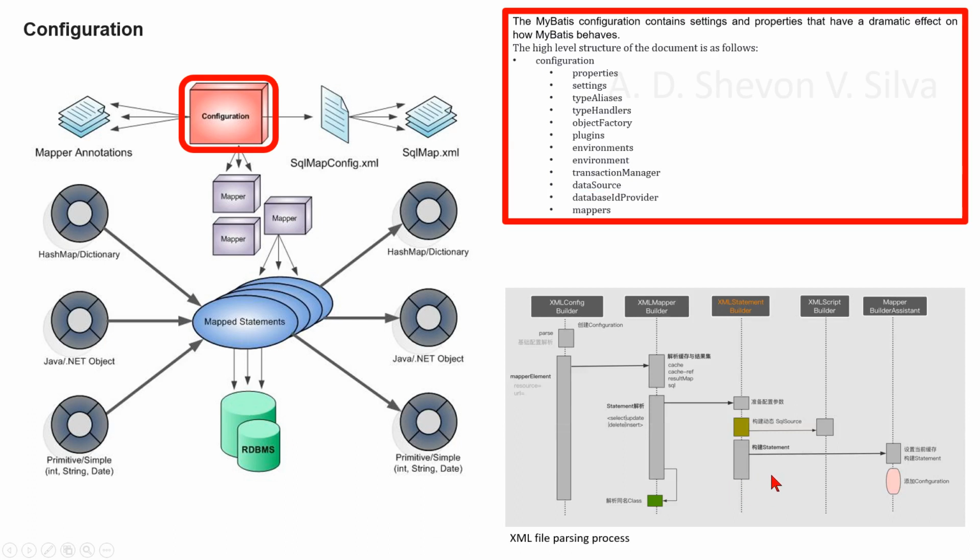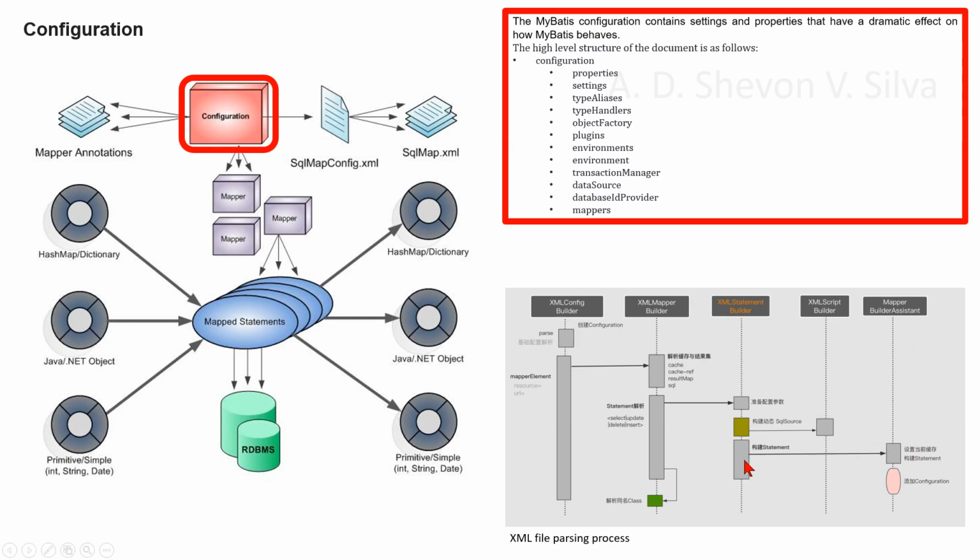Here you can see the XML file analysis process. The overall analysis process starts with XML config builder, and then gradually analyzes inward until all nodes are analyzed. We can understand the overall analysis process through a mapped statement analysis process.